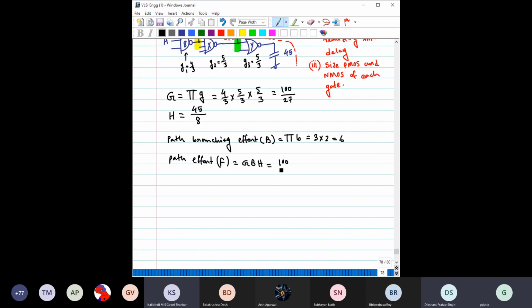So it is 100 by 27, 6, and H is 45 by 8. Can you please solve this and tell me what is the final answer you are getting?